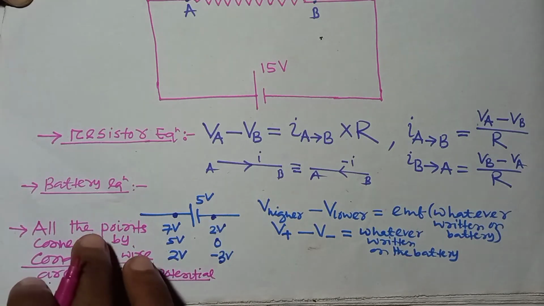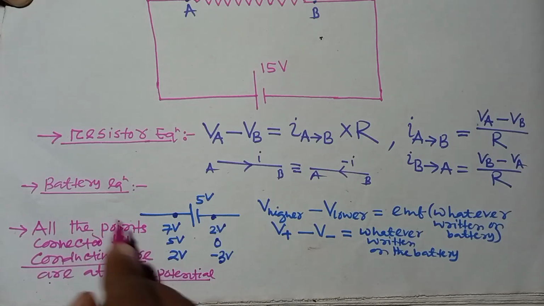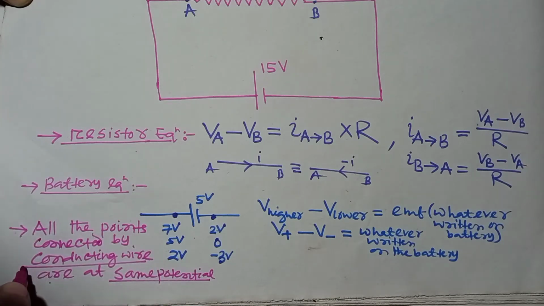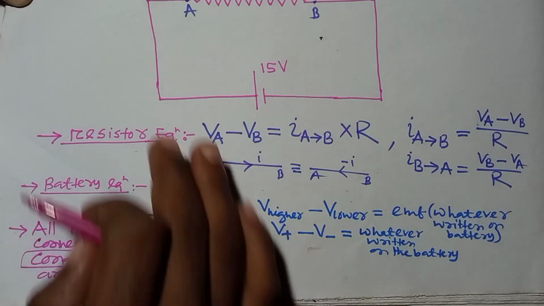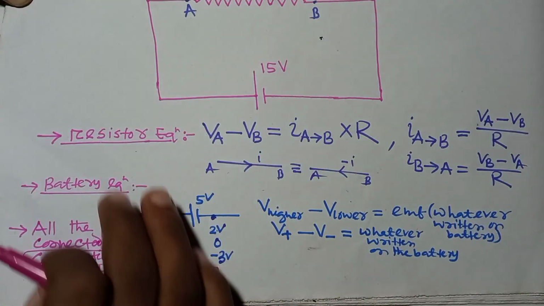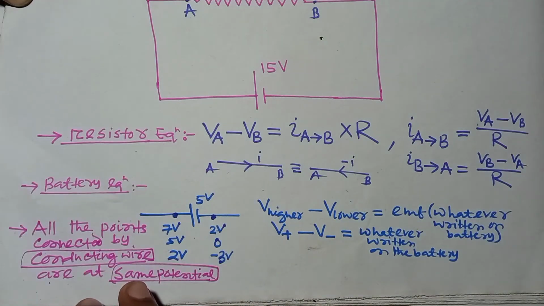This is the very important point. All the points which are connected by a conducting wire are at the same potential. So these are the very important 3 things. By applying these 3 things you can solve any type of electrical circuit.